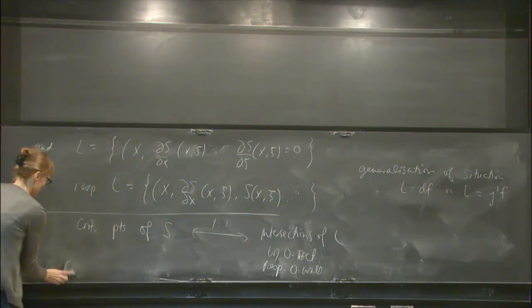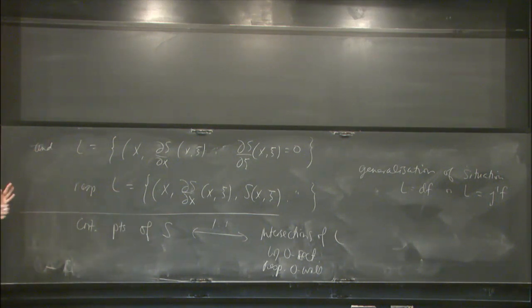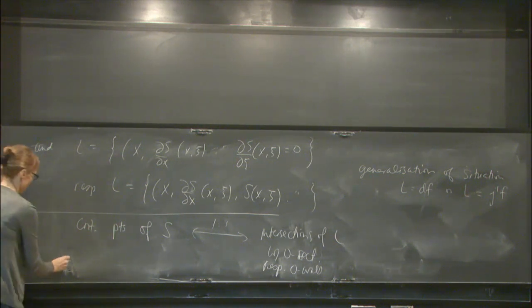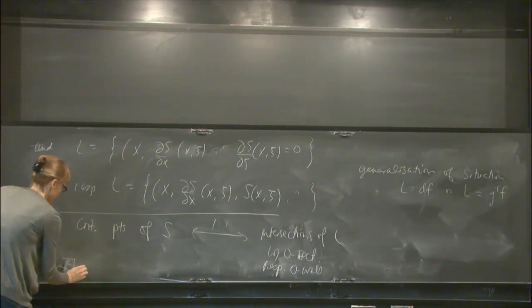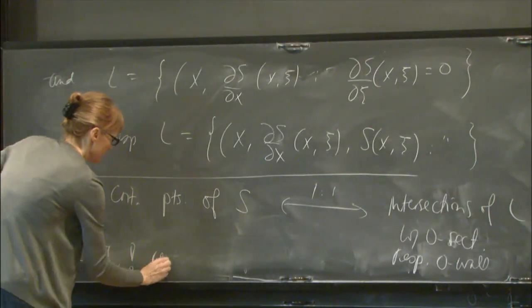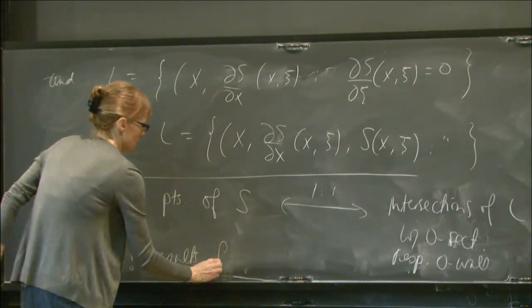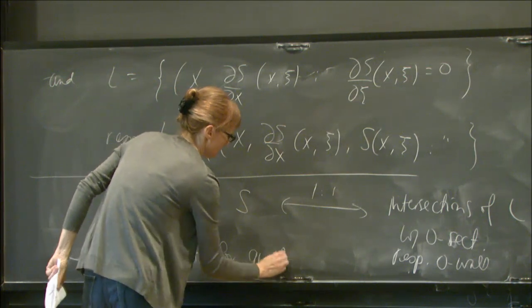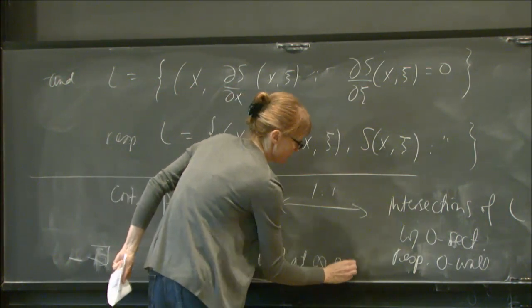And then, I haven't talked about when the generating function is quadratic at infinity, but we want to impose that, and there are existence and uniqueness results for quadratic at infinity generating functions.